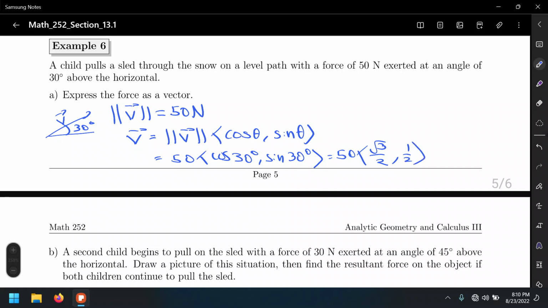Let's just distribute that 50 to each component. That's 25 root 3 and 25.